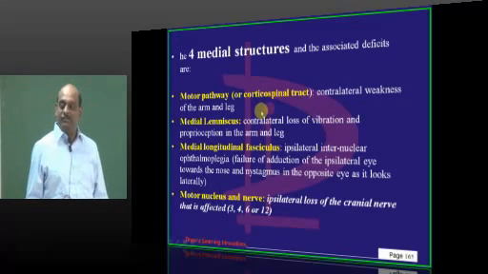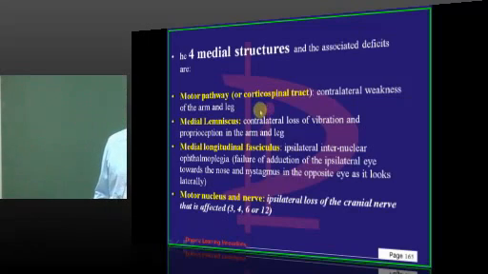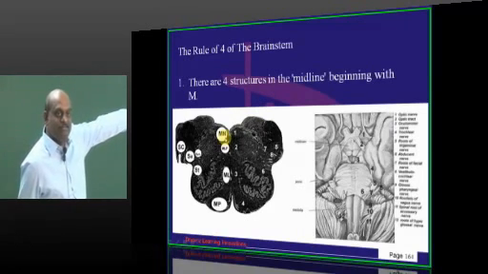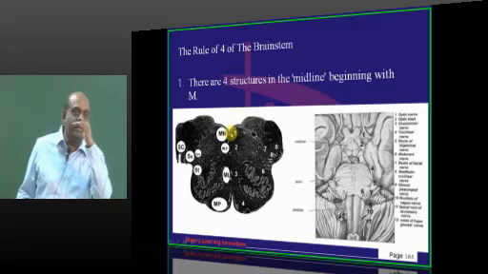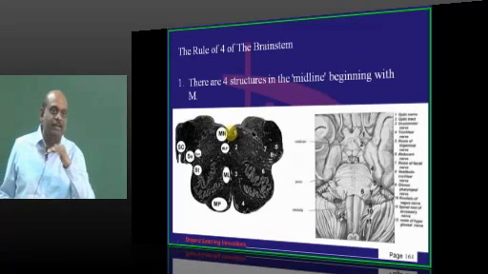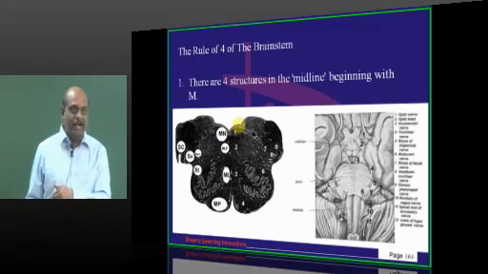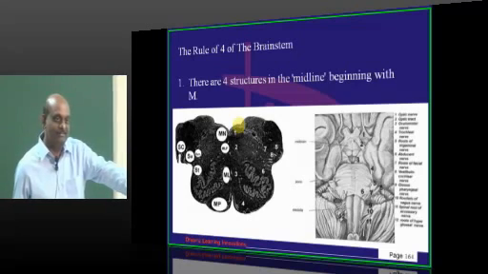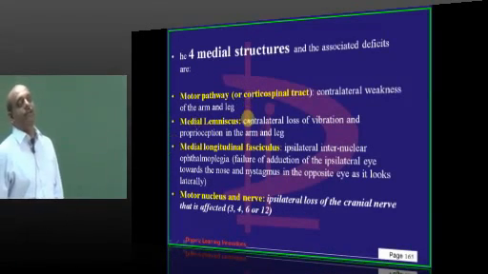The corticospinal pathway. In a medial medullary syndrome the corticospinal tract, since it is passing medially, gets affected, right? If it gets affected in the pons or midbrain on the right side, ultimately it will go to the left side of the body. Got it? So M is motor pathway, one medial structure.